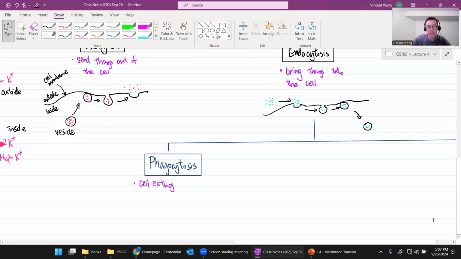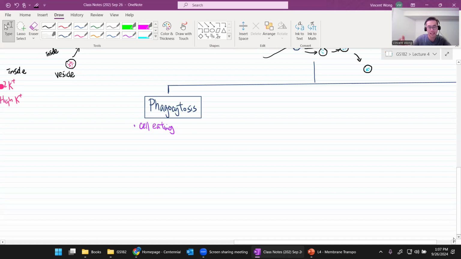The cell is literally bringing in either a lot of something or something really big. I'll give you an example. This is a white blood cell, WBC, and white blood cells help defend the body against invaders like bacteria.